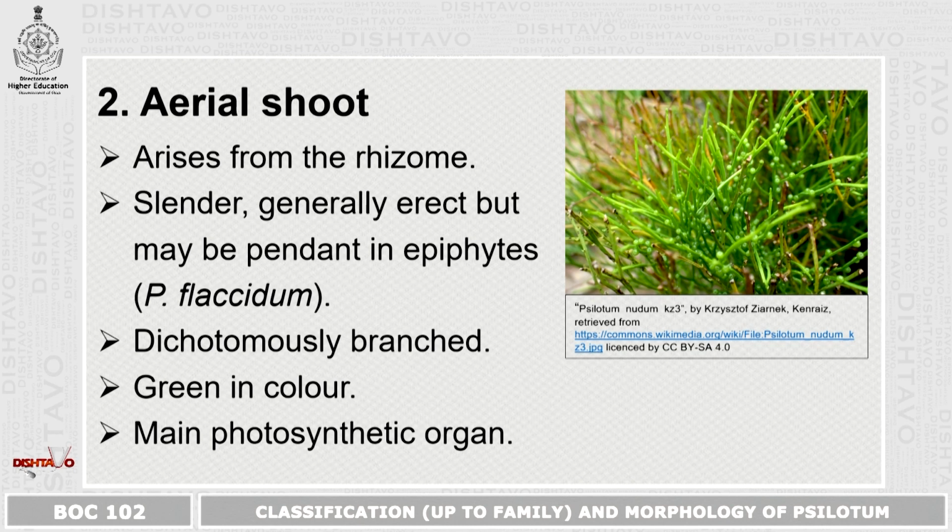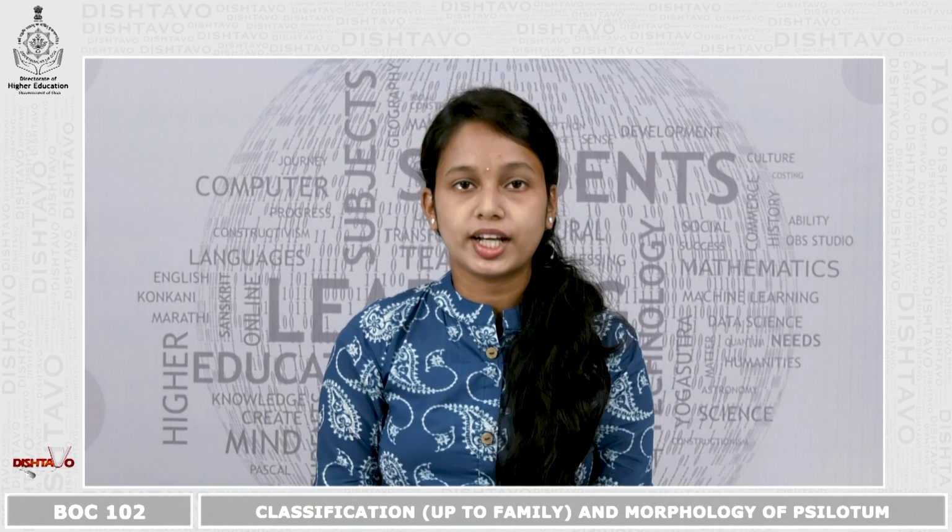It is slender, generally erect, but may be pendant in epiphytes. Example is Xylotome flaccidum. It is dichotomously branched and it is green in color. It is the main photosynthetic organ because leaves are mere emergences without any vasculature and stomata.